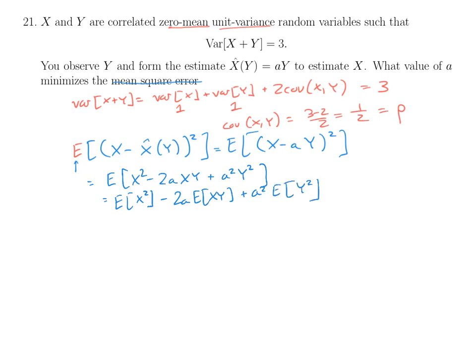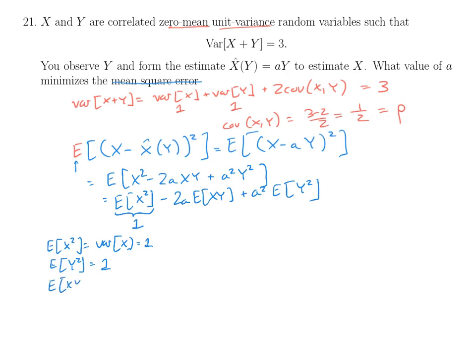And then you have to realize, oh, this is equal to 1, right? Because E of x squared is equal to variance of x, because the expected value is 0. And the same thing happens to E of y squared. It's equal to 1.